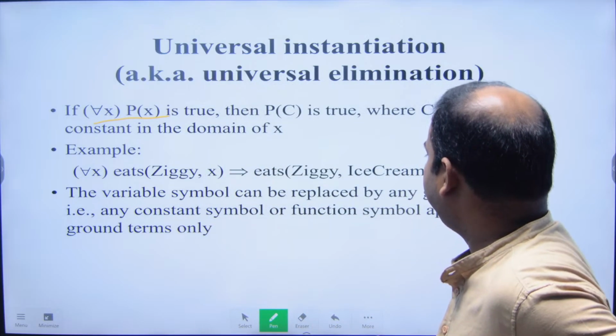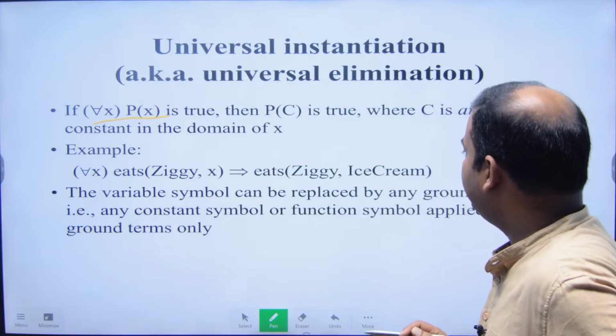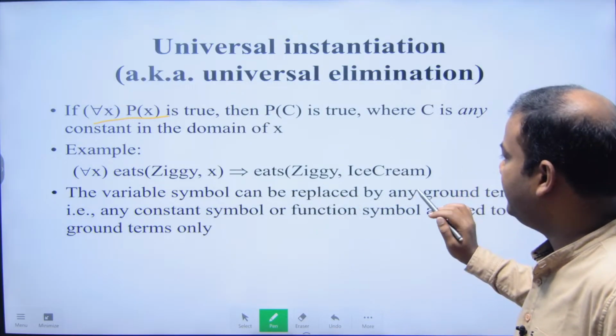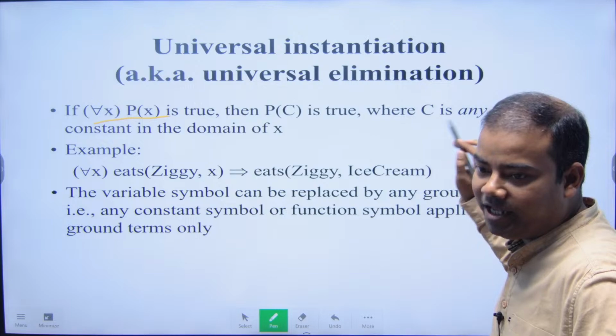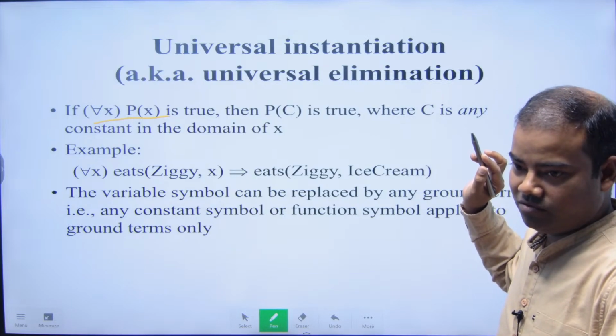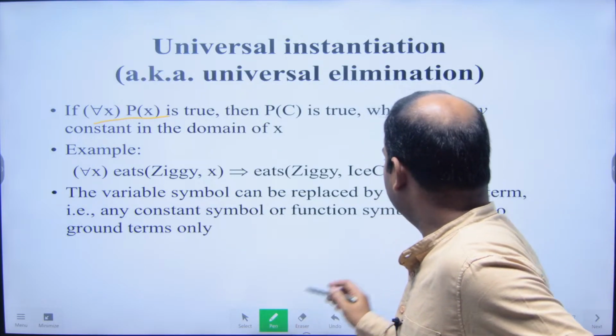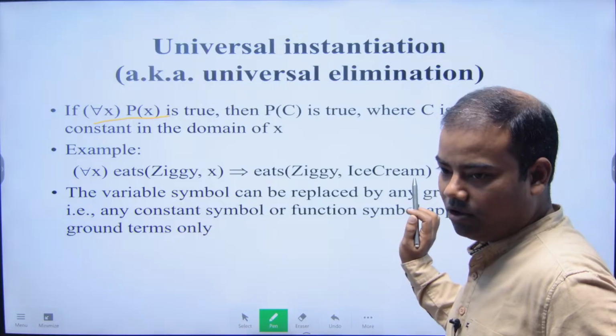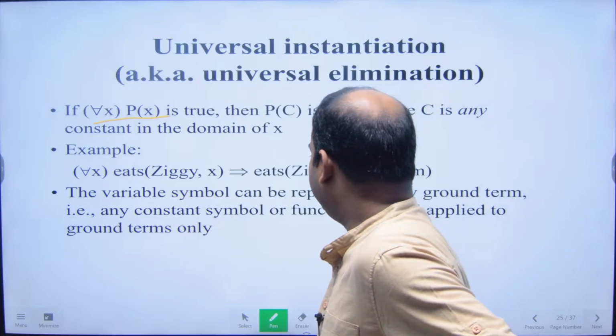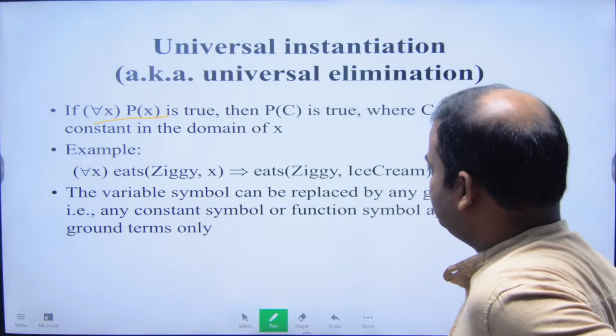So we can write that Jiggy eats anything, it may be ice cream, it may be anything. So this is always true. The variable symbol can be replaced by anything.